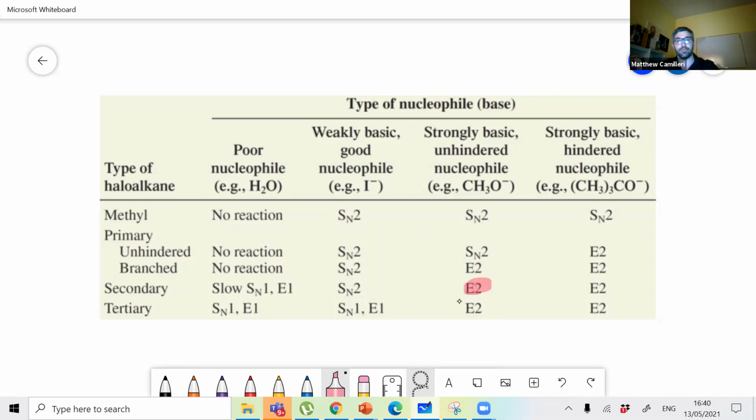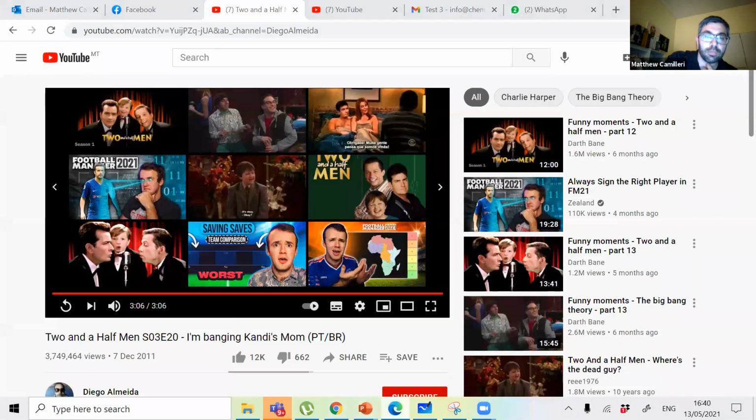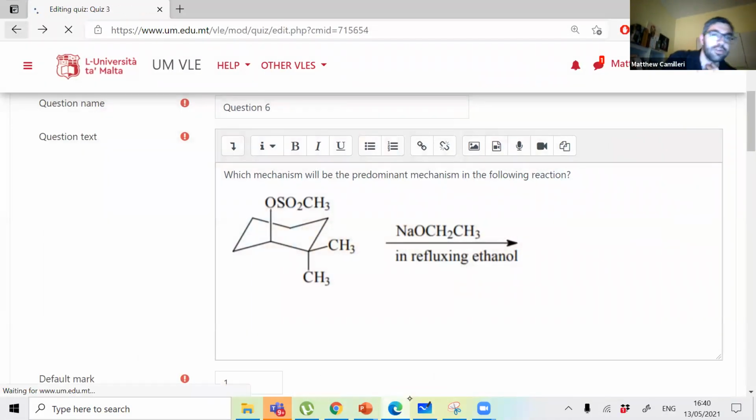Apologies. SN2 if it had been primary, but this is secondary. Again, if you manage to check this out, you will pretty much confirm that these answers correspond to the table. Apologies for that. Wrong click.